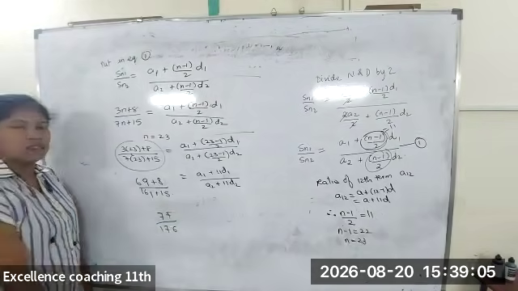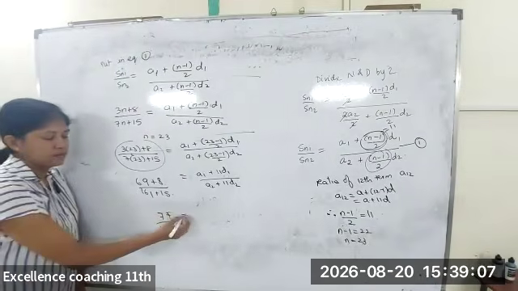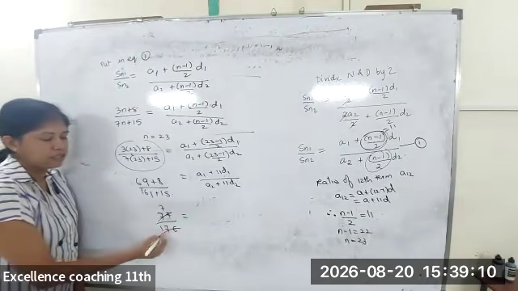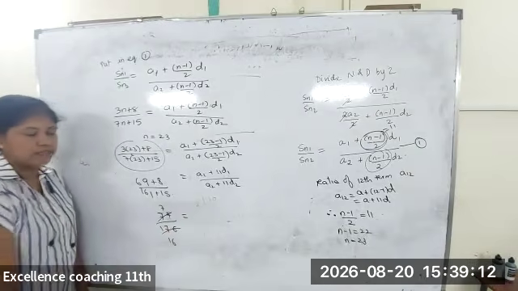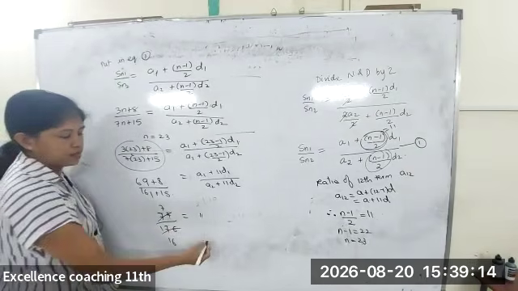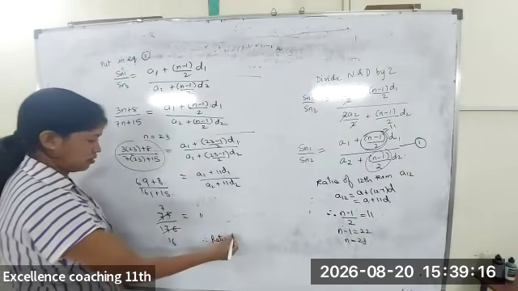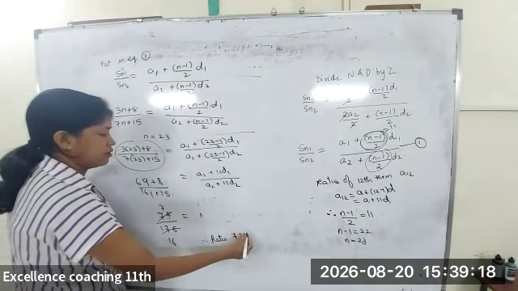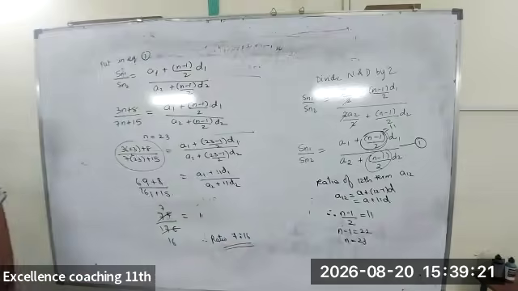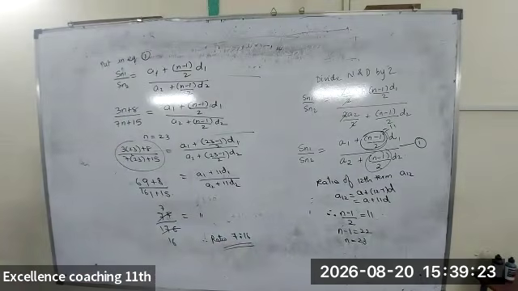Eleven table, it will cancel, no? 11 sevens are 7, 11 ones are 11, so 7 upon 16. Eleven table.